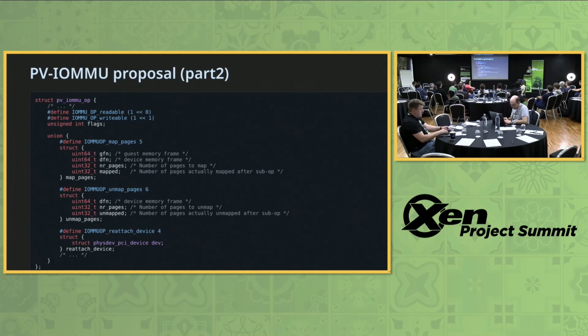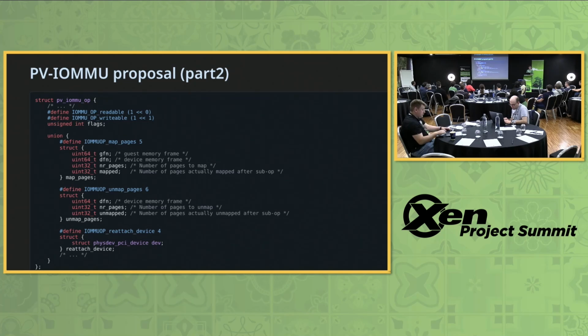This is a memory page from the device point of view, which is translated to the guest frame number. We also specify the number of pages we want to map at once, because we usually want to map several pages, and doing the hypercall over and over for mapping a region is not really practical. It also gives back the number of pages mapped, mostly for error checking.